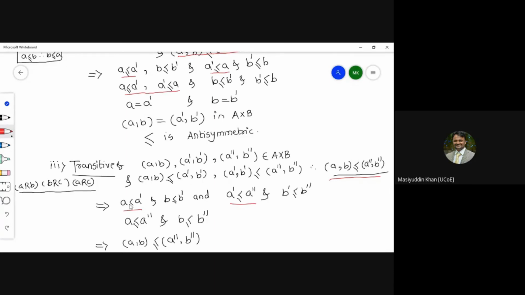Therefore by using that concept, a ≤ a' and a' ≤ a'', we write a ≤ a''.